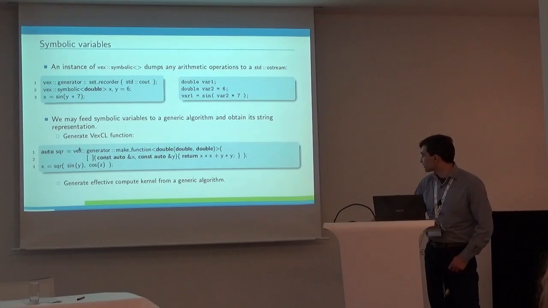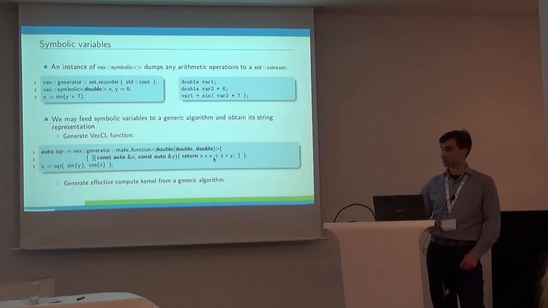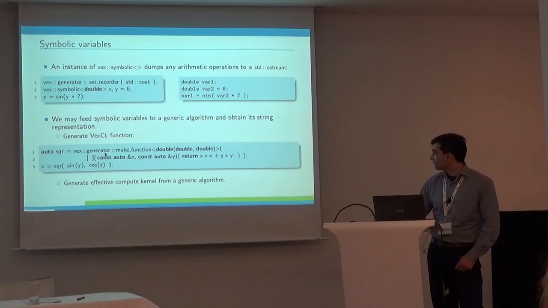Yeah, so here in this case we create a generic functor which just again returns a squared magnitude of a vector, and we feed this functor to this make function meta function. So what this make function does, it has this signature, so it can create symbolic variables of appropriate types, and it can feed the instances of these types.